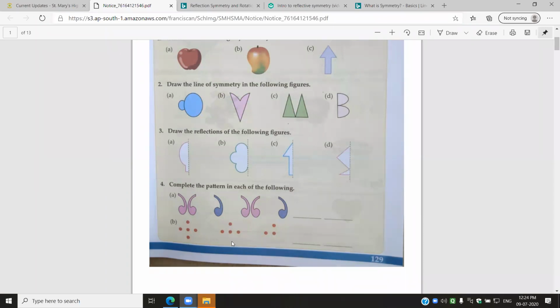So this dot has disappeared in the second figure. Now in the third figure, there is 1 more dot less. And which dot has disappeared? This dot has disappeared. So first, this one disappeared. Then this one disappeared. So now next, which will disappear? This one will disappear.